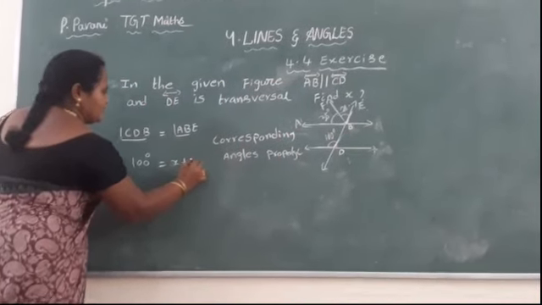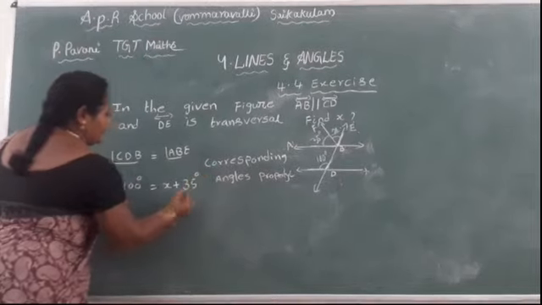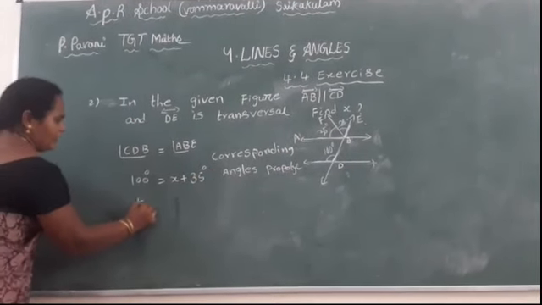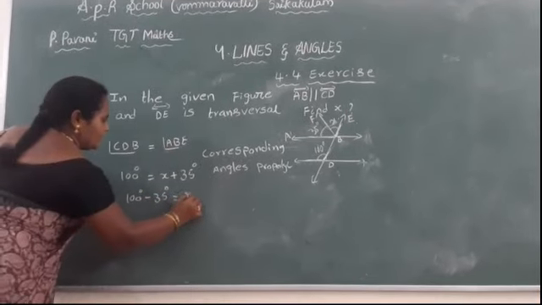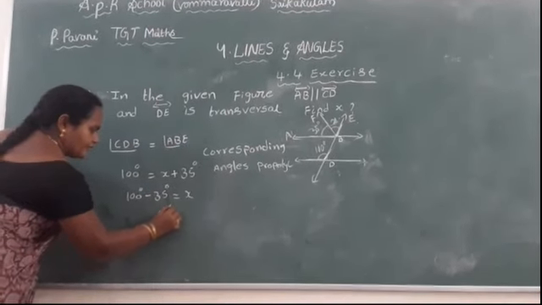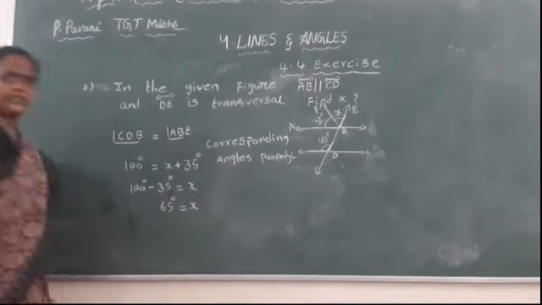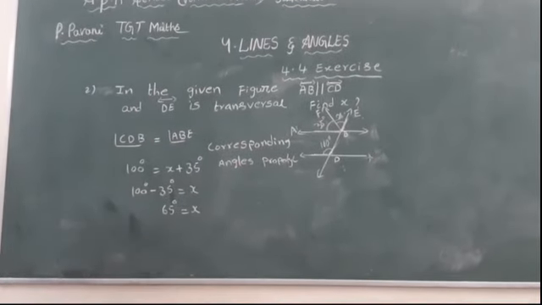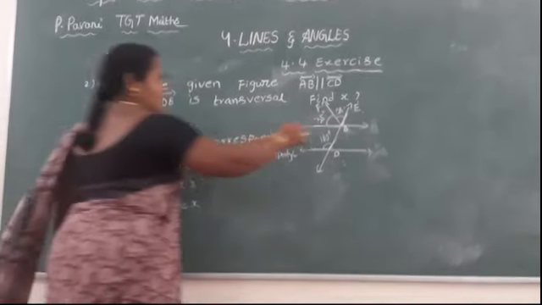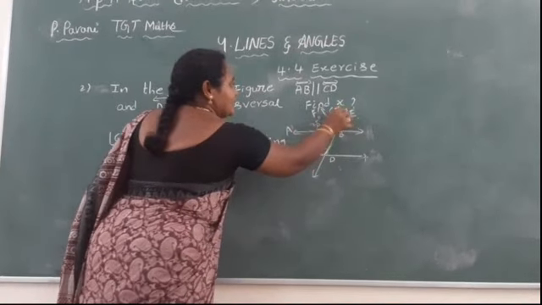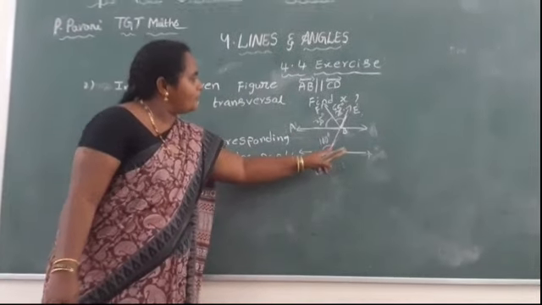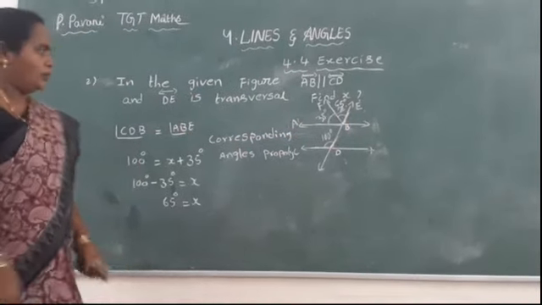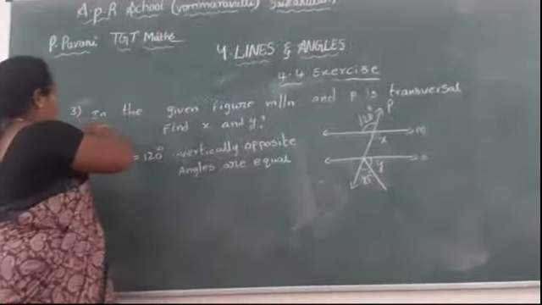So x is 100 minus 35, that is equal to 65 degrees. X is equal to 65 degrees. Okay? X value is 65. Check: 65 plus 35 is 100, and 100 is equal to 100. Corresponding angles are equal. Okay. This is 4.4.